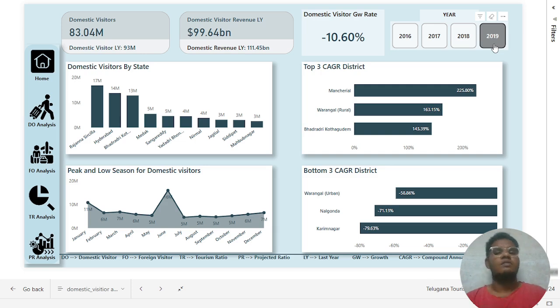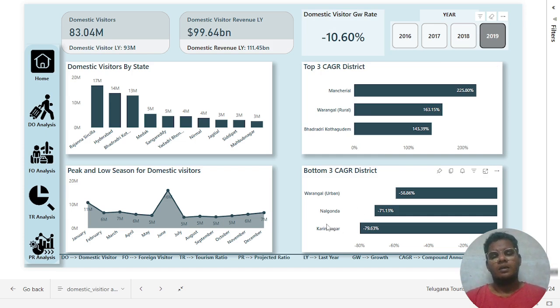That's why the domestic visitor growth rate decreased to minus 10.60 percent. This is something the government should take a look at, because whenever drops happen frequently, those things will also be discussed in future slides, future dashboards.